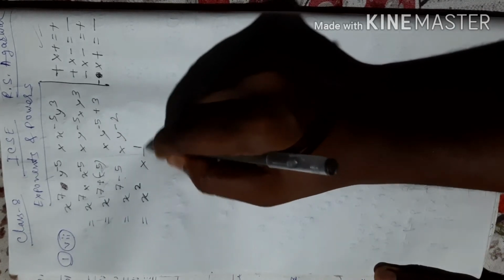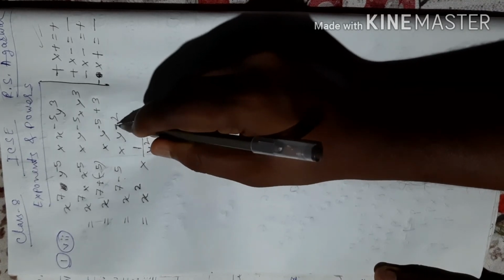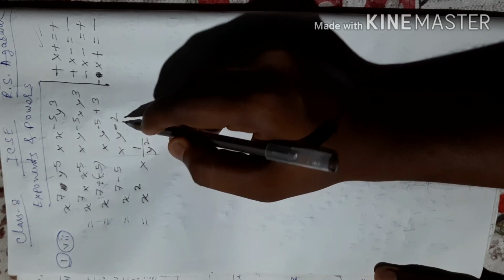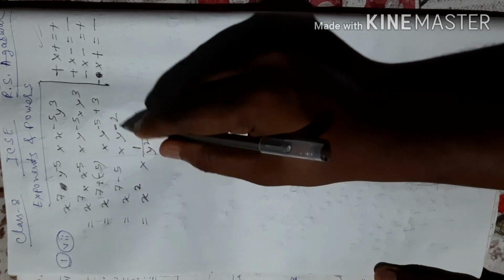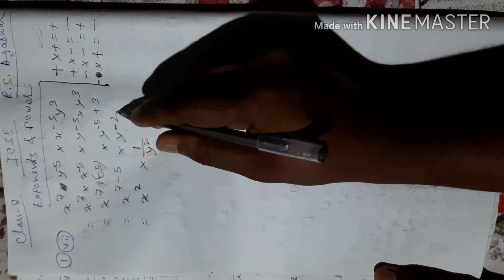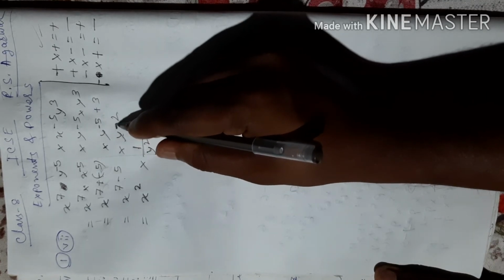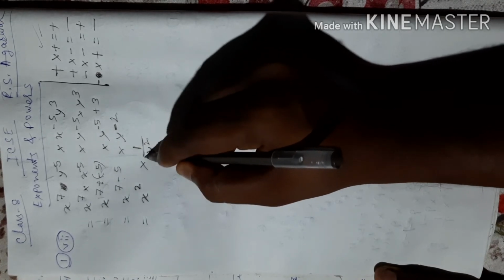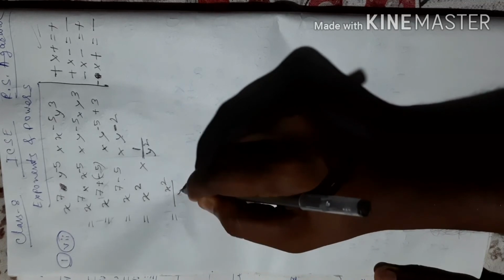We can write 1 by y square, because when the minus power is there, we write 1 by these terms, y square terms. Minus we use for 1 by y square. Okay, so x square by y square.